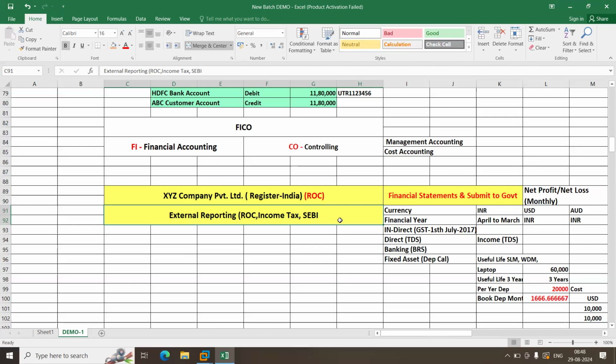Only if they have good profitability do they pay income tax, right? Then the banker is ready to give the loans. They just take the income tax statement and give the loans. So to get loans, sometimes they manipulate the accounting.